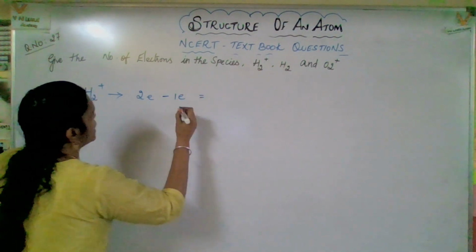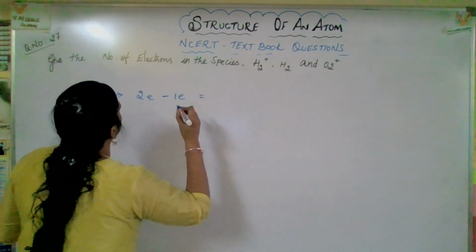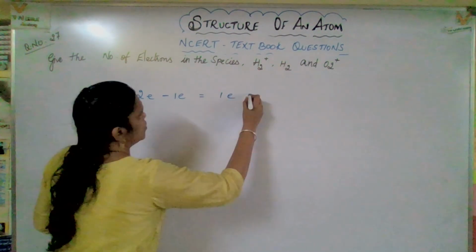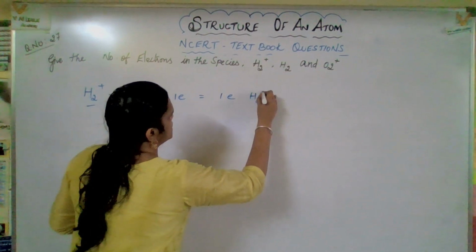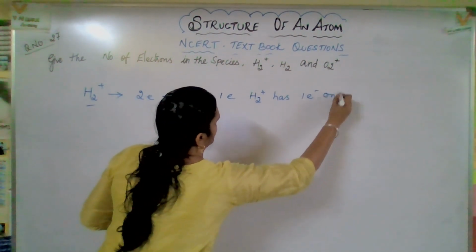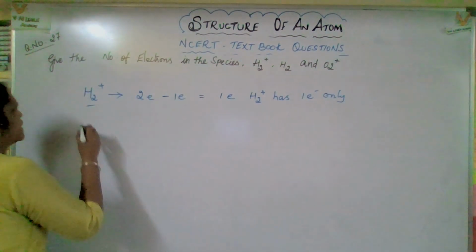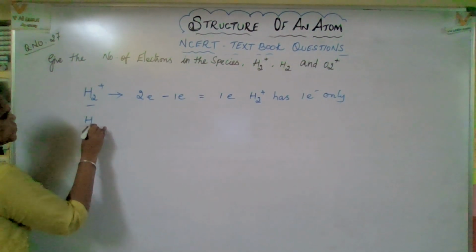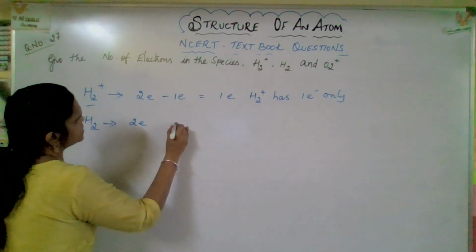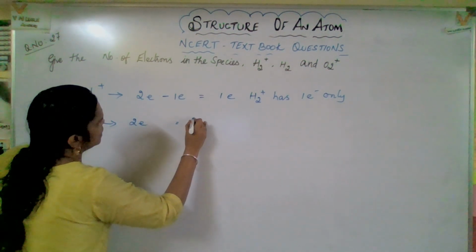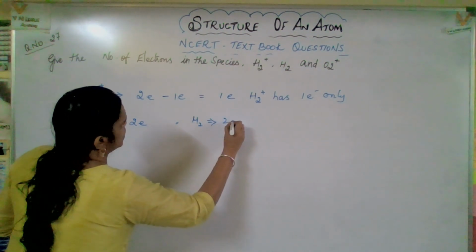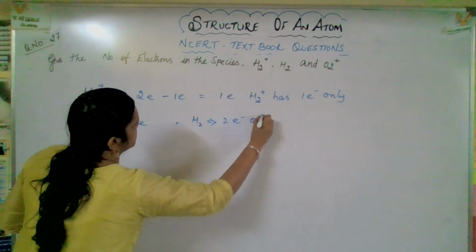So totally how many electrons will be there? Here 1 electron. So H2 plus has 1 electron only. Right. Now here H2, 2 electrons. So naturally H2 has 2 electrons only.